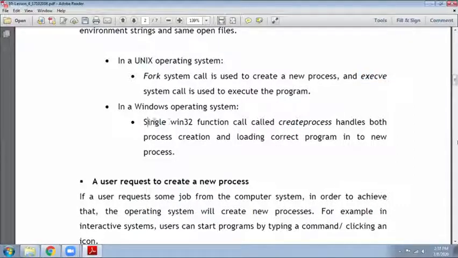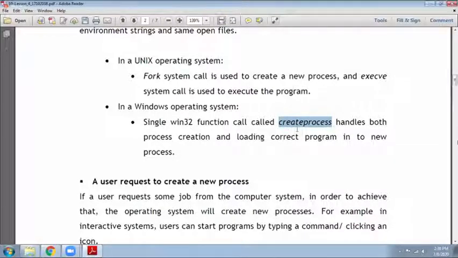But in Windows, a single Win32 function called CreateProcess. So Windows commands are very user friendly. The command itself, you know what it is. The command is create process. In Unix, you have to remember what it is. That's the difficulty with Unix. Here, part of it is exe, execute. But other things, you have to remember. Windows became popular because you don't have to remember anything.